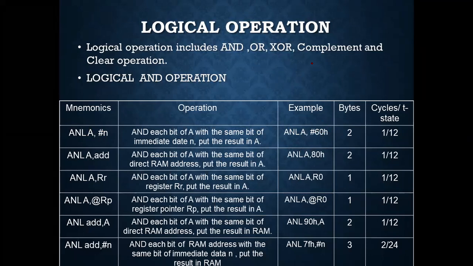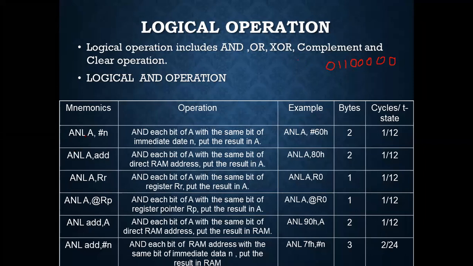For example, 60H is 0 1 1 0 0 0 0 0. This is the binary conversion of 60H.